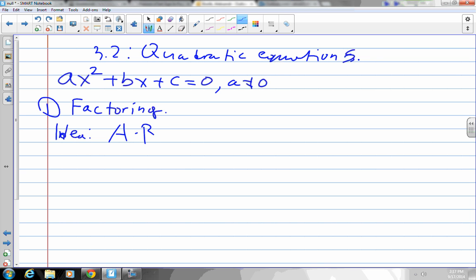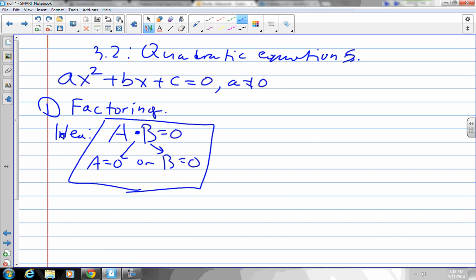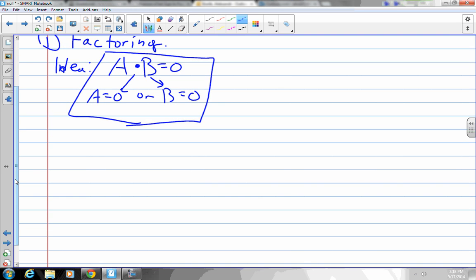If you have a product that equals 0, the only way two things multiply to 0 is if one of those things equals 0. It's either a equals 0 or b equals 0. It's called the zero factor property or zero product property, whatever you want to call it. You can claim common sense on that one. The only way a product is 0 is if you multiply by 0.